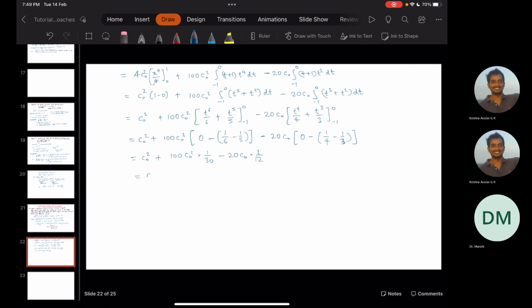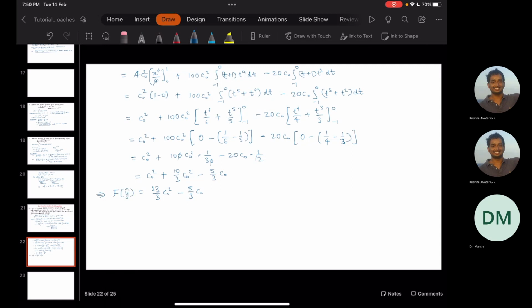So we are left with c naught squared plus 10 by 3 c naught squared minus, and cancellations with respect to 4 gives us 5 by 3 c naught. Adding the like terms in c naught squared, this gives us 13 by 3 c naught squared minus 5 by 3 c naught.